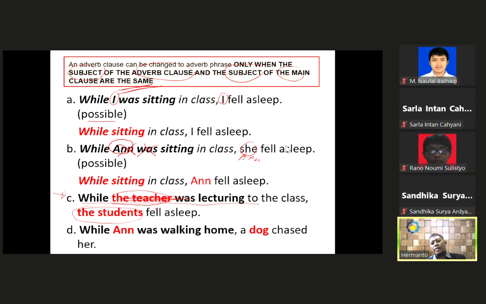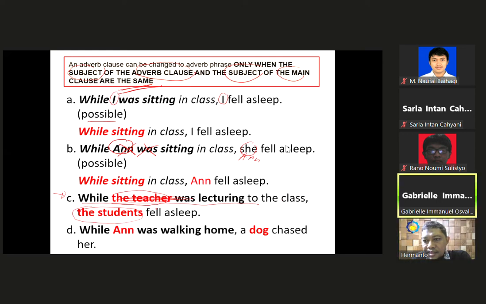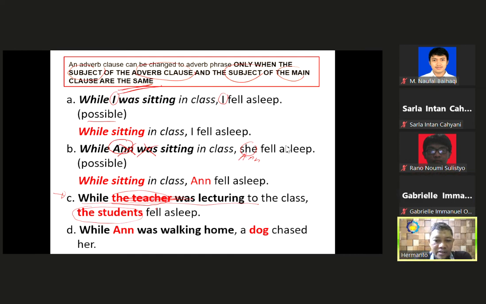Okay, next. "While Anne was walking home, a dog chased her." Is Anne the dog? No. Is the dog Anne? Of course not. So Anne and the dog are different. Anne is the human walking home, and the dog chased her. If you reduce this adverb clause into a phrase, "while walking home, a dog chased her."